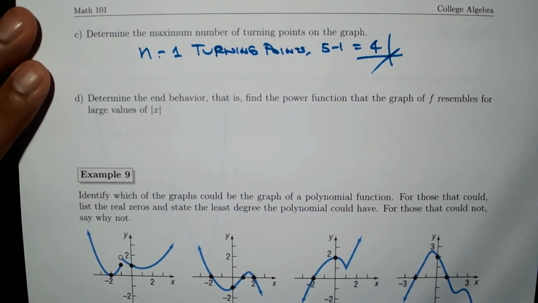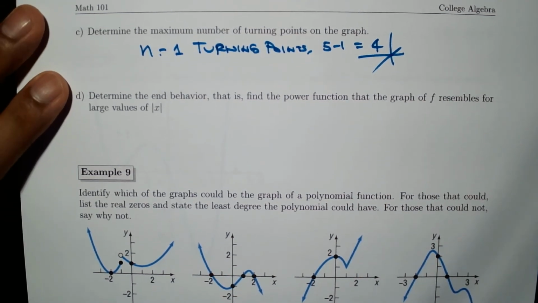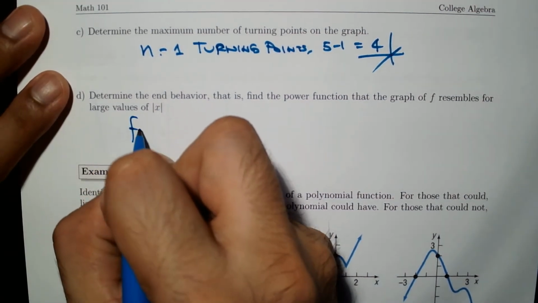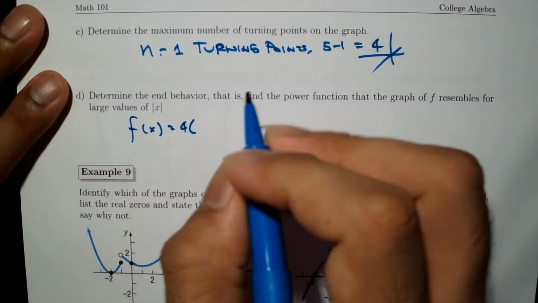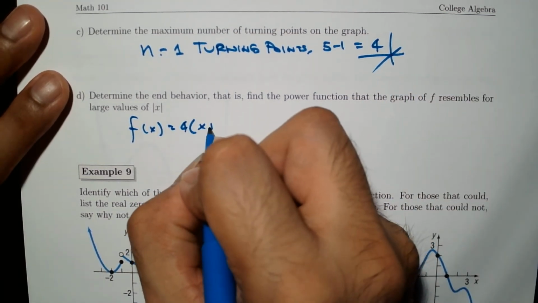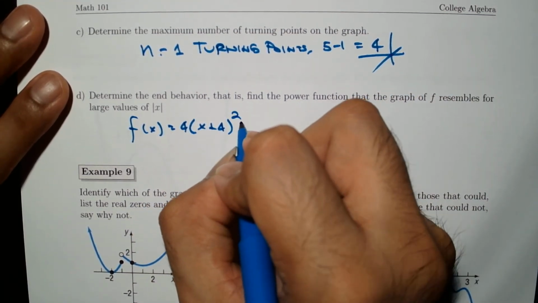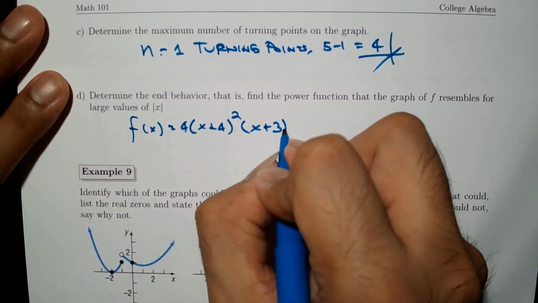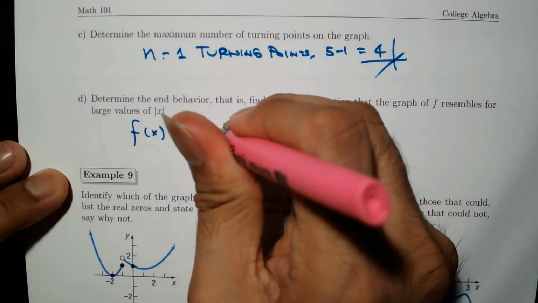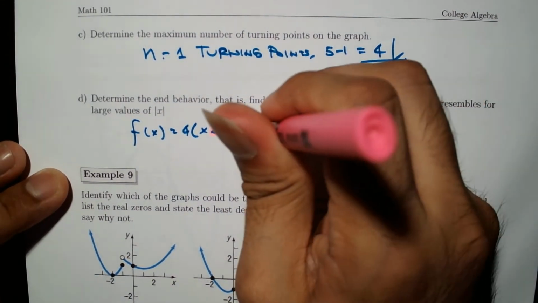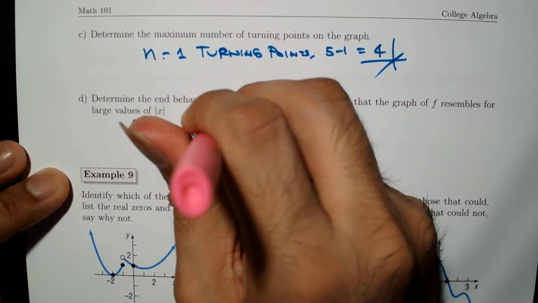Determine the end behavior of the power function that the graph of f resembles for larger values of the absolute value of x. All right, what are we going to do here? First of all, let me rewrite the function that we were given: 4 times (x plus 4) to the second power times (x plus 3) cubed. In this case, I'm going to pretend that I don't have the plus 4, and I'm also going to pretend that I don't have this plus 3.